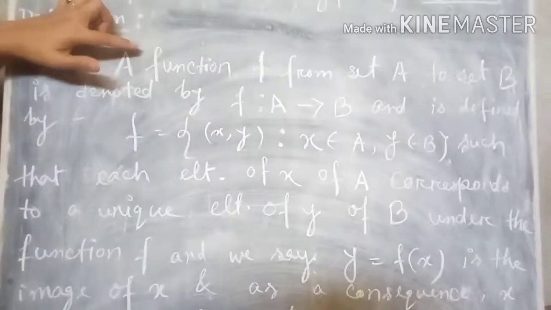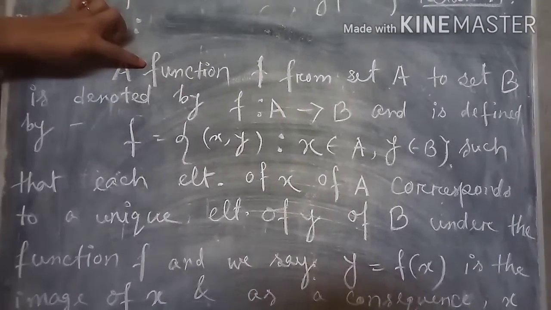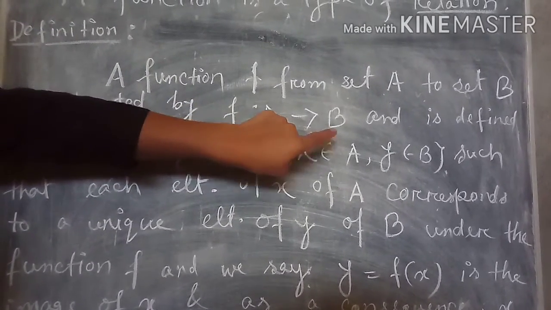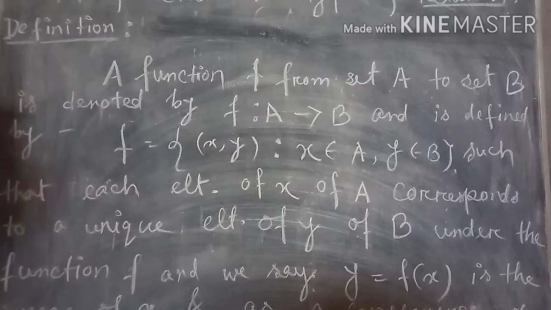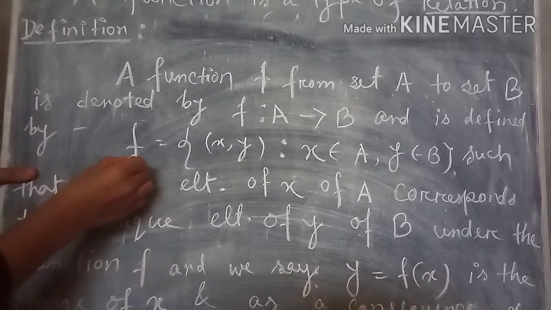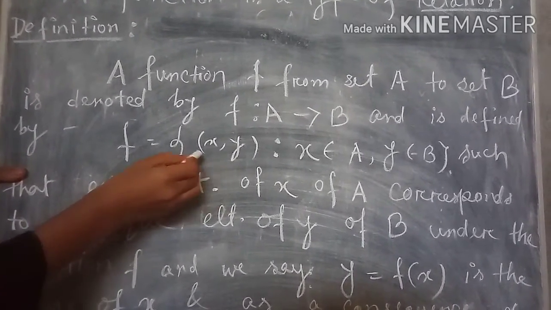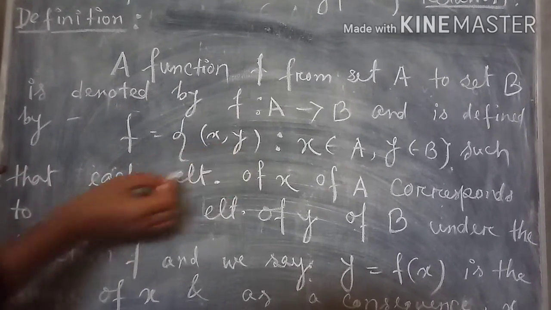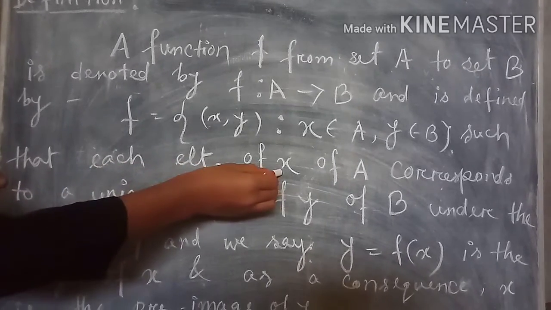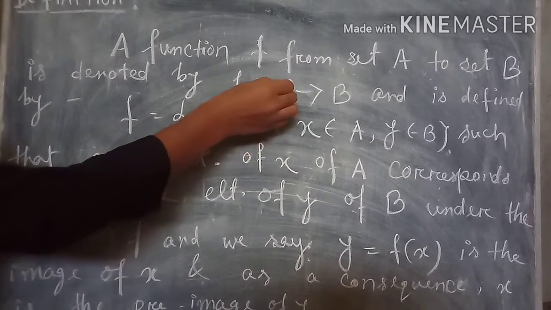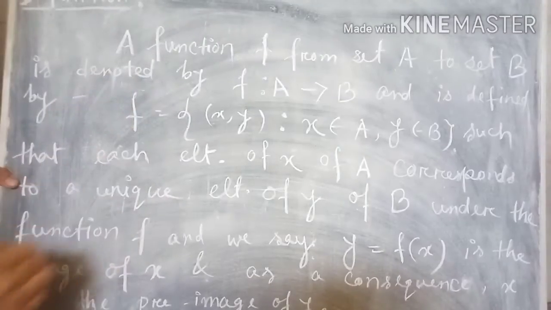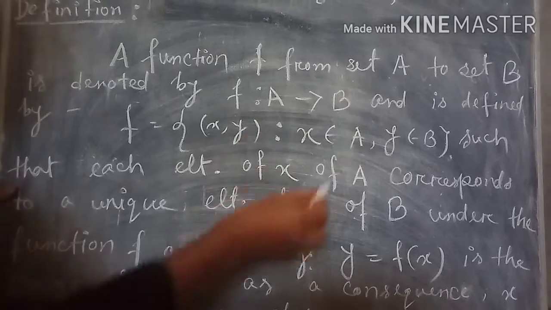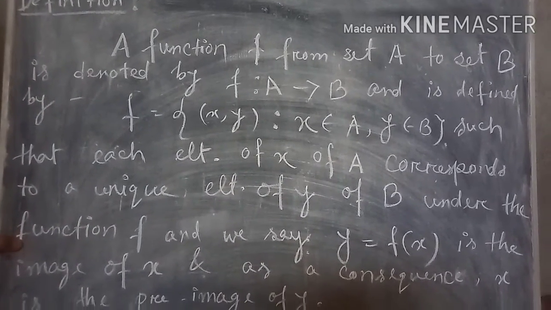Now the function is nothing but a relation, and this goes from a set A to another set B, that is f from A to B, and it is defined as f equal to ordered pairs xy, where this element belongs to the first set and this element belongs to the second set, such that each element x of A is related to the elements of B under the function f.